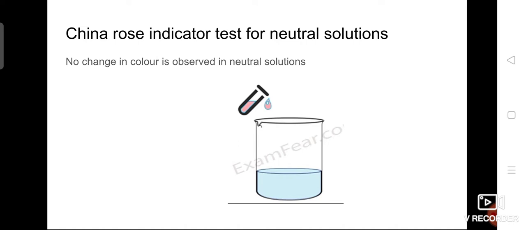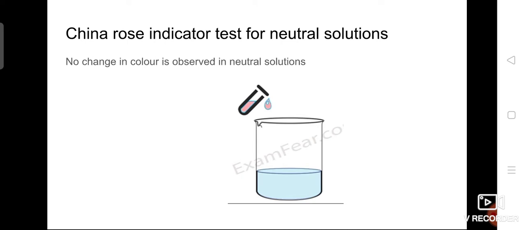You have to test it yourself and say which solution I gave, whether it is acidic, basic or neutral. Suppose when you add that indicator to the unknown solution, it turns dark pink. What is our observation? The dark pink denotes the given solution is acidic in nature.